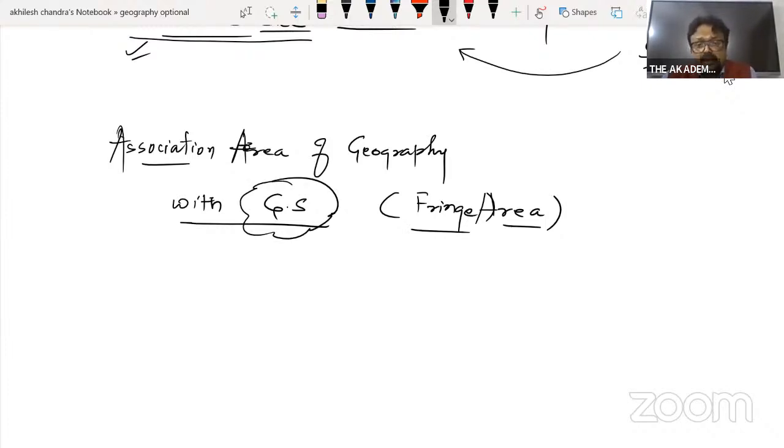In that regard, I have to open the syllabus so that I can make you understand. Just take the syllabus of general studies, and I'm opening the geography syllabus. Whatever the bullets mentioned in the geography optional syllabus, you cut down all those bullets from your general studies.